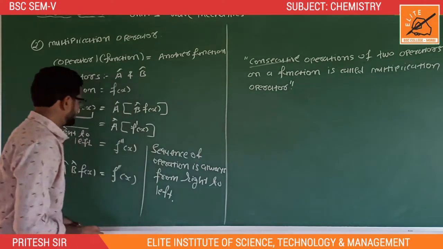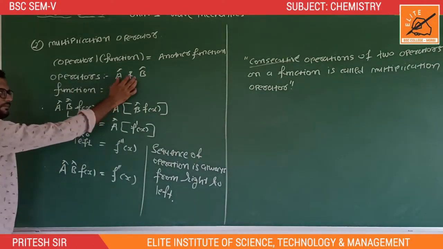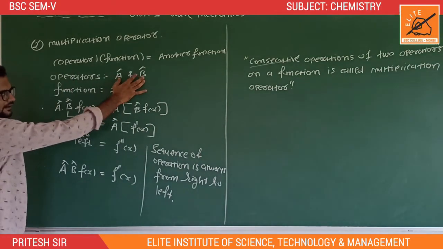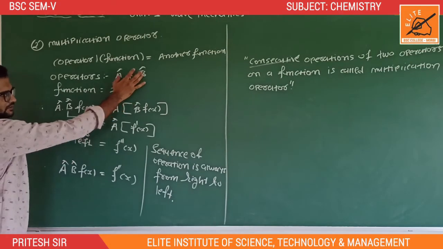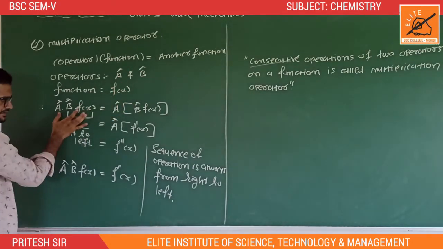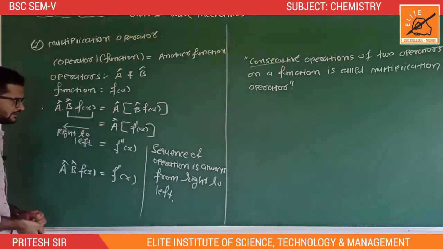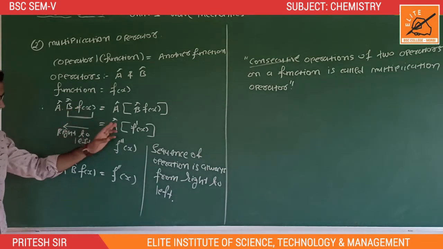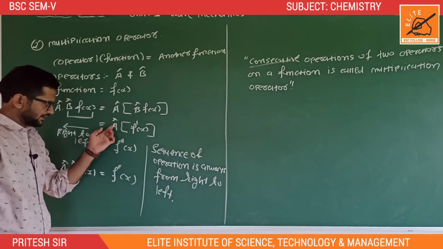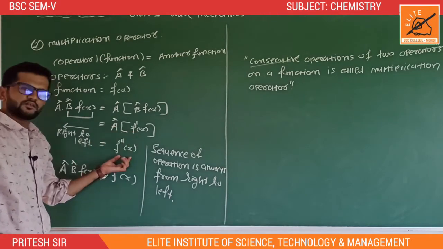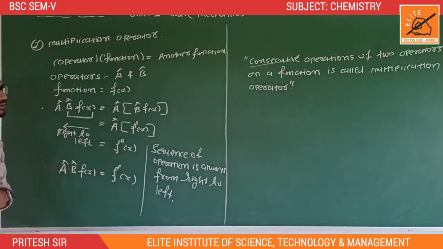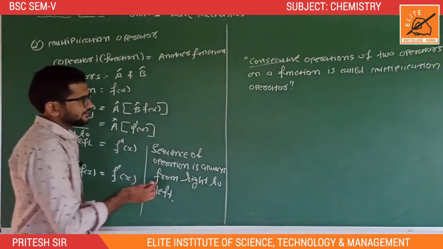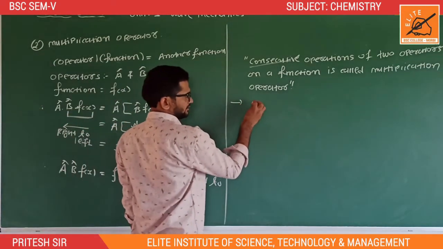Here two operators A cap and B cap are given and the function is f(x). These two operators operate on the function and give the final result. First operator B cap is operated on the function, then A cap is operated on the resulting function and gives the final result.